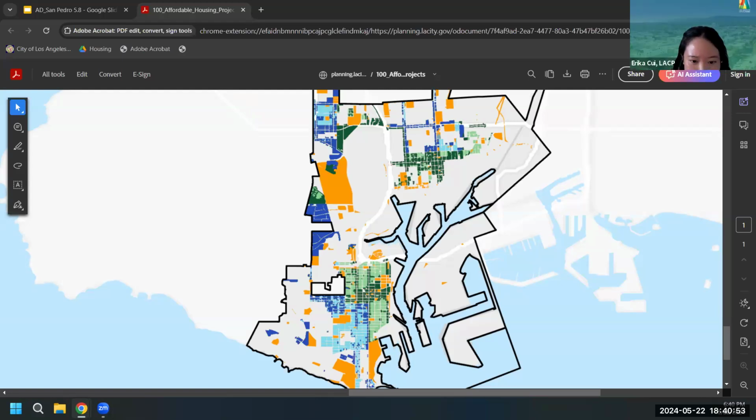Yeah, so basically for that map, we just wanted to show that currently you can be a site that's eligible for state density bonus and TOC or TOIA as well. State density bonus basically says if you can build 5 units at your base, you're eligible.